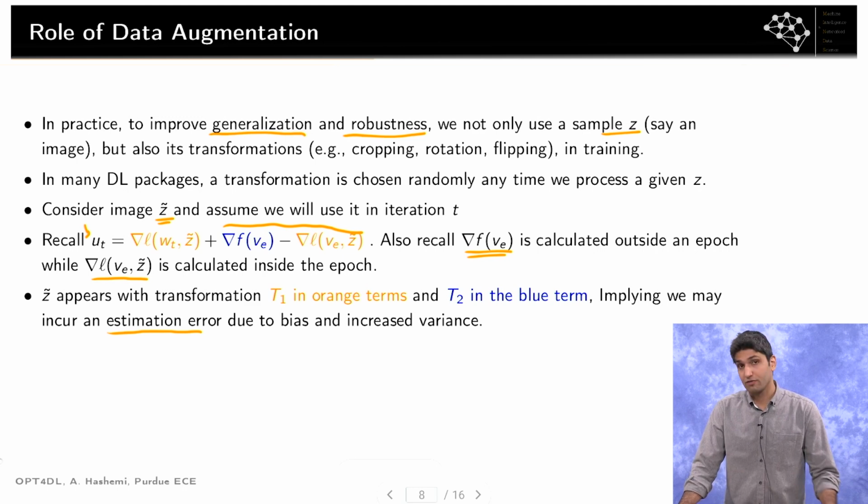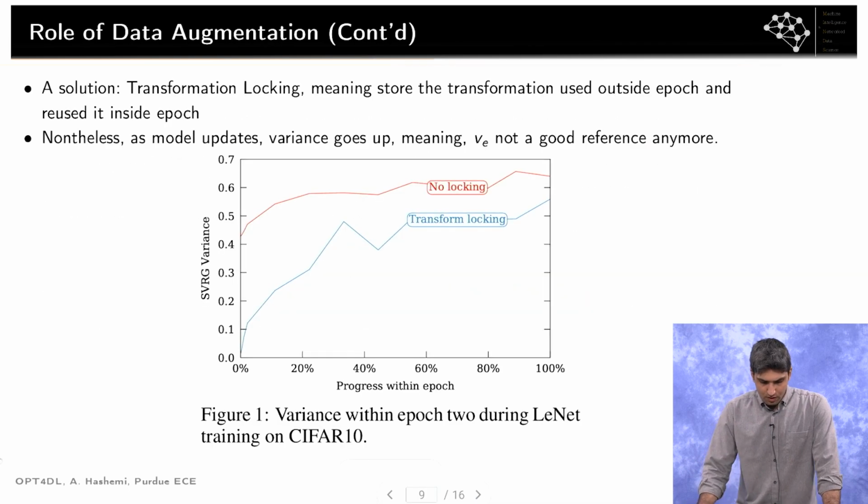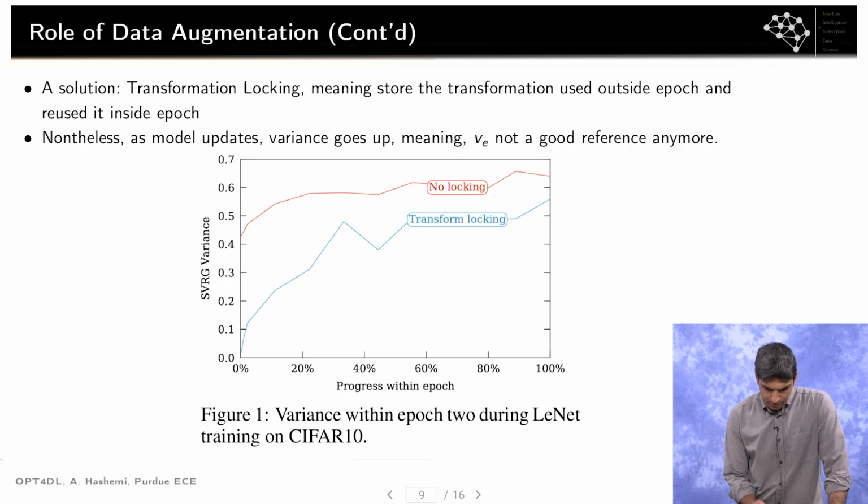So that's one reason SVRG might not be as effective as what the theory suggests, and that's why we observed, for instance in the previous slide, that in some cases there was in fact an increase in variance as opposed to a decrease in variance. This plot shows this idea. Take a look at the red curve.